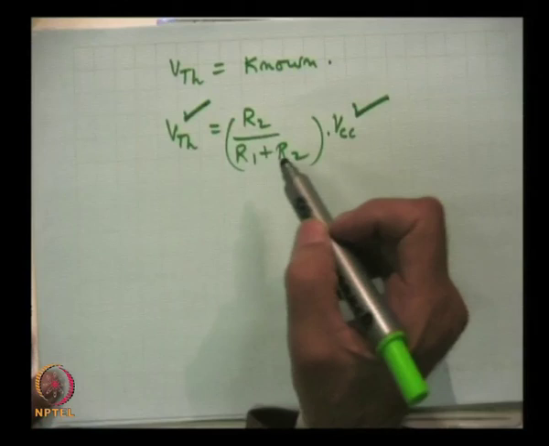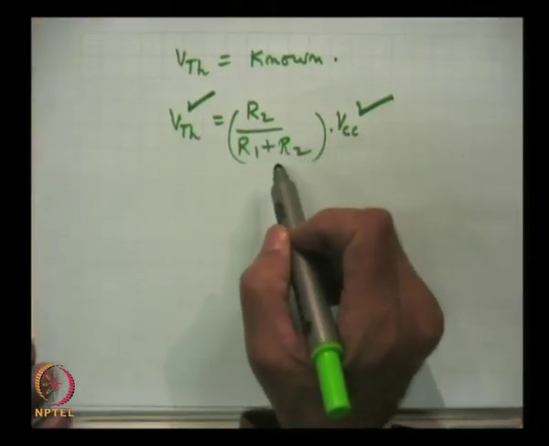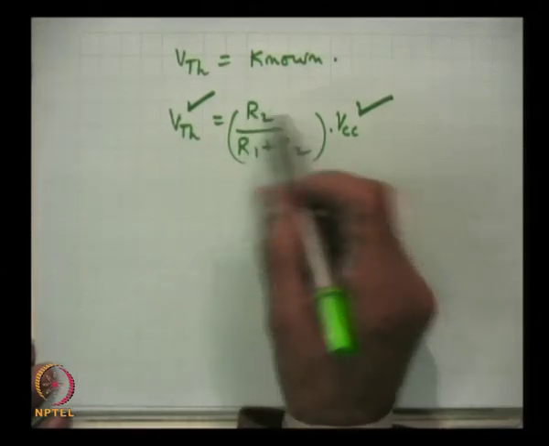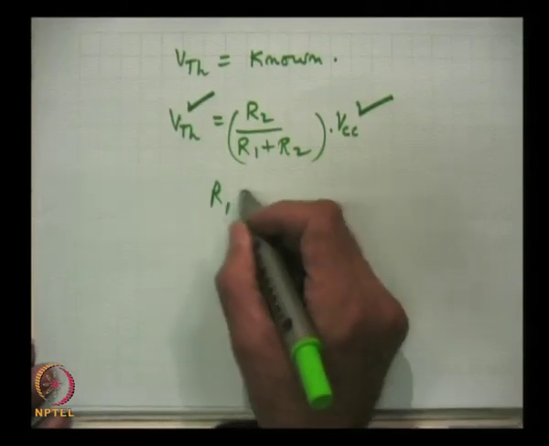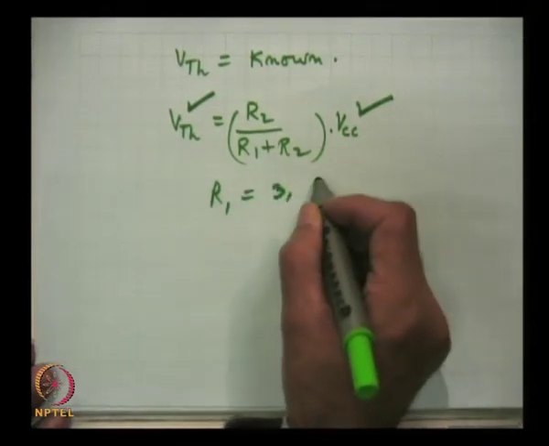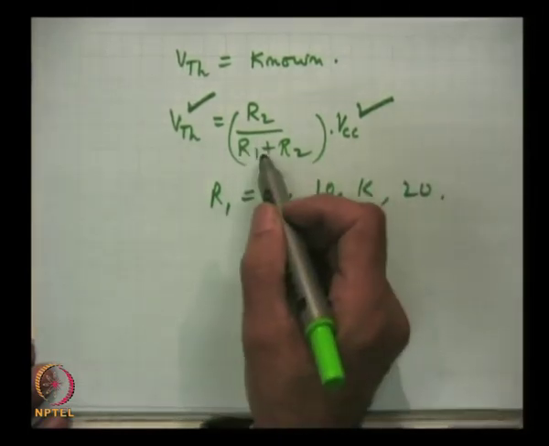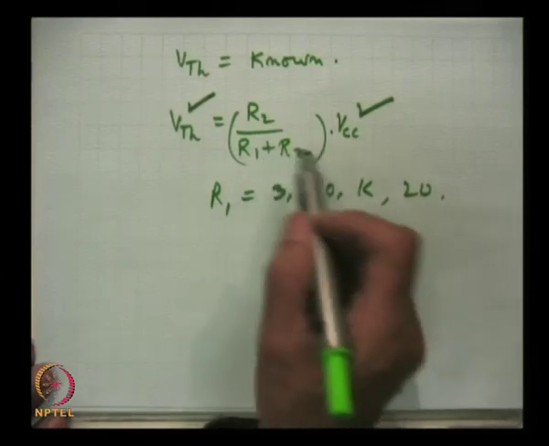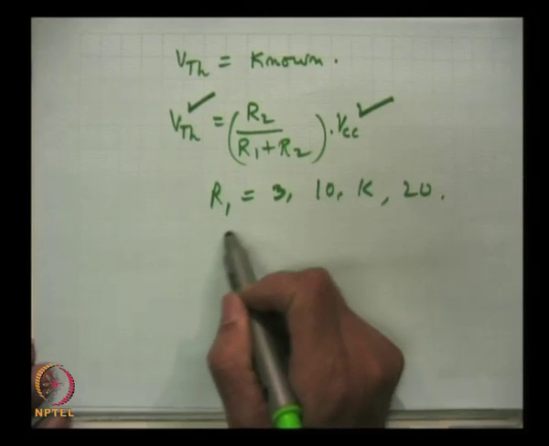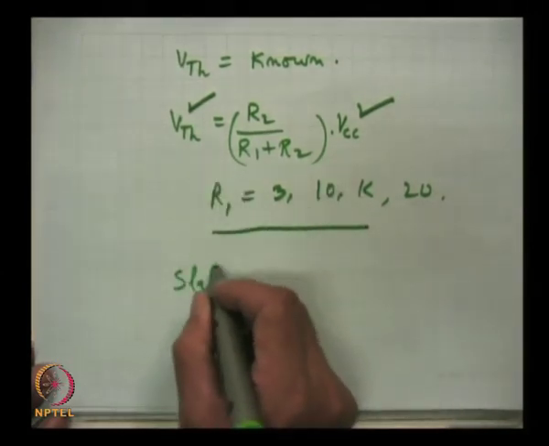Now, one practice is very common in the design of electronic circuits, that we can assume one of the values, R1 for example, as 3K, 6K or 10K or 20K, and the other can be calculated. This is one way. Otherwise, if we do not want to use our judgment, we can calculate by using the stability factor.